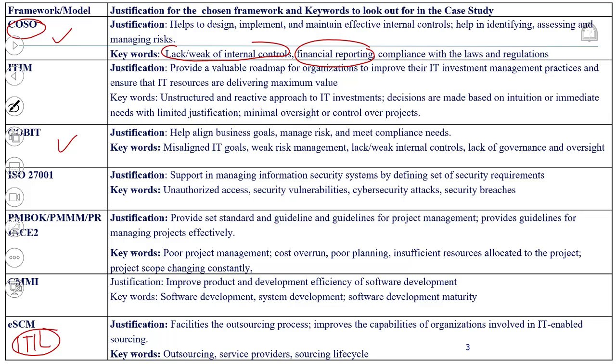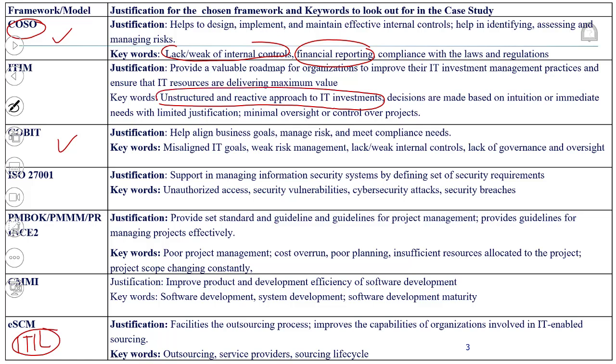ITIM is something that you've already covered, and I think it was tested quite heavily in the other exams that we did. One of the ways you know that there's a problem with the IT investment in an organization is if the IT investments are ad hoc.